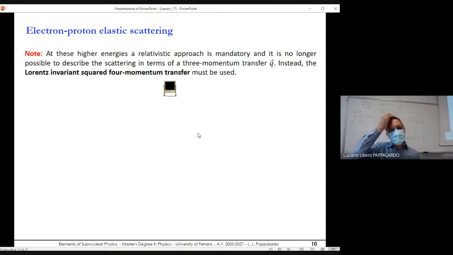Now, one has to be careful because at this higher energy, a relativistic approach is mandatory. It is no longer possible to describe the scattering in terms of the 3-momentum transfer, but we have to move to the Lorentz invariant squared 4-momentum transfer.